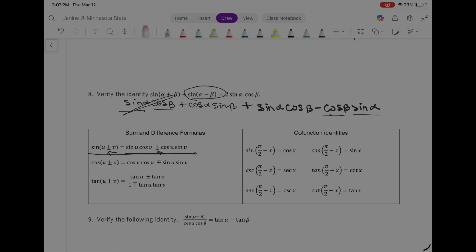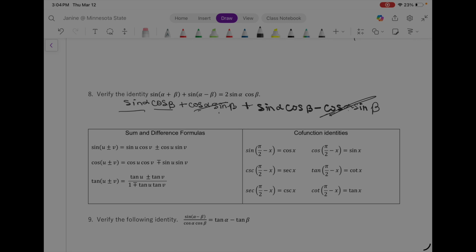I do have a typo. This right here. Let's go back here. This should be first. This should be second. Cosine alpha sine beta. There you go. Now, that doesn't negate with that one. Cosine alpha, that negates with that one. Okay, now it makes sense. Now it's coming out the way we need it to.